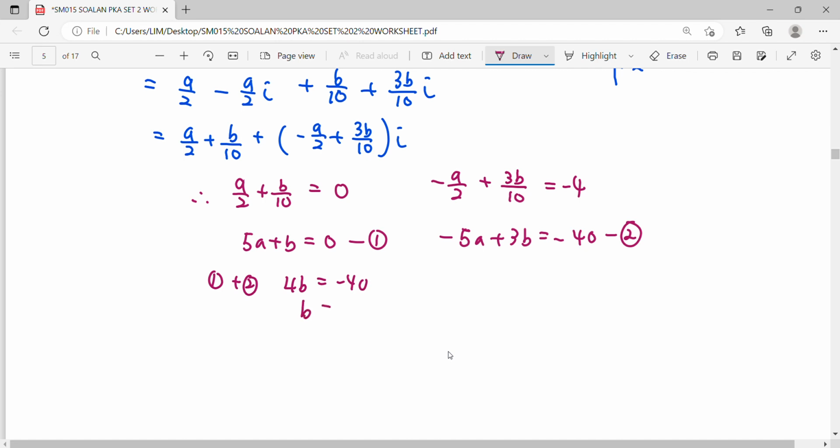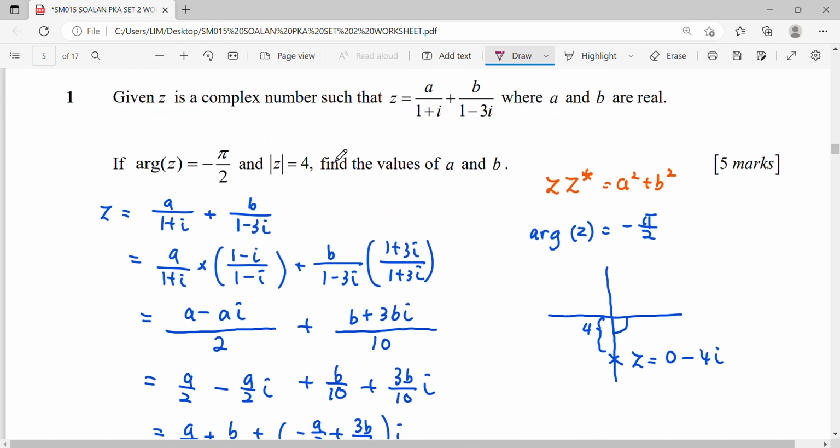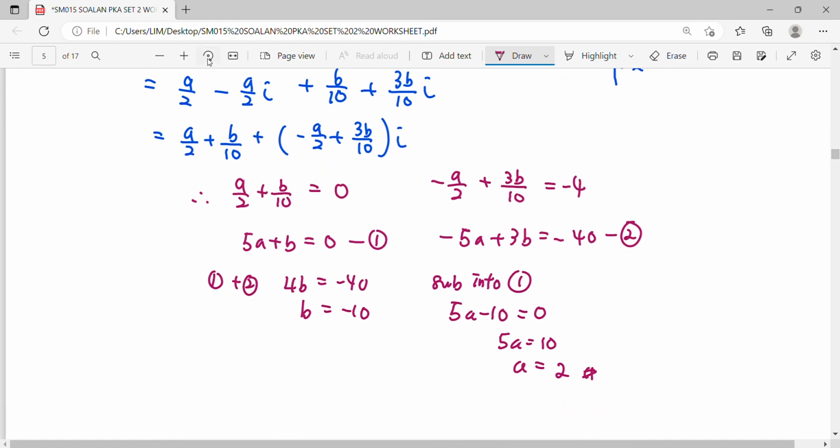So b equals negative 10, and then we substitute into 1. So 5a equals 10, a equals 2. So our question, find the value of a and b.